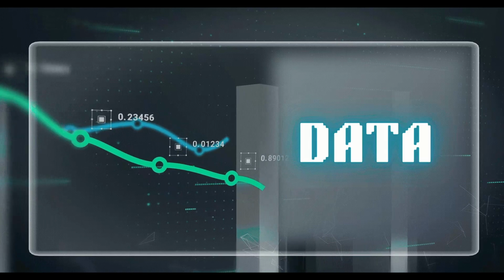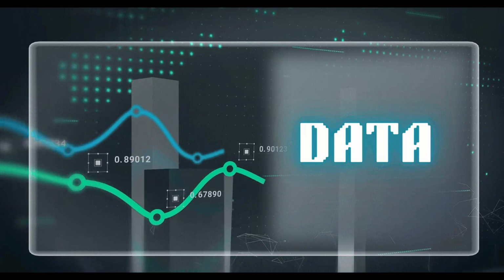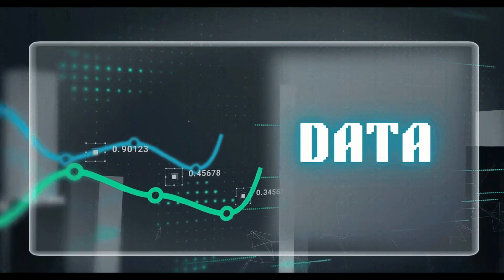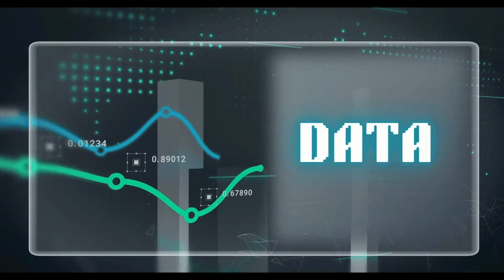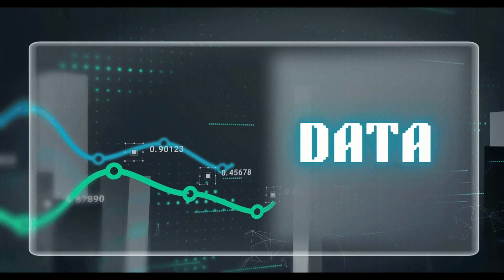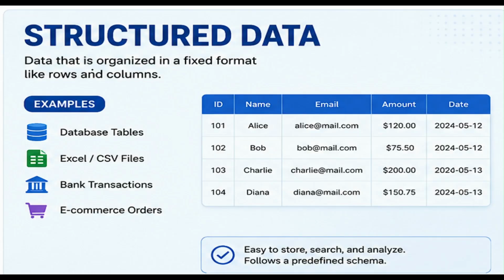So, in today's session, we are going to break down one of the most fundamental concepts in AI. So, let's get started with structured versus unstructured data. Structured data is data that is organized in a fixed format, say rows and columns, like a table or a spreadsheet.